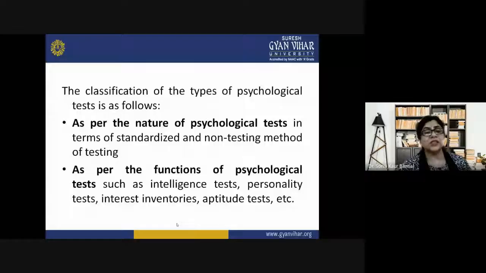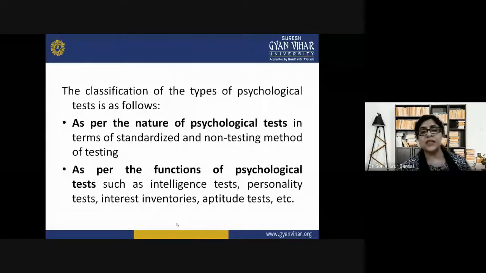So just understand how the classification of the types of psychological test is done. Number one, it is done as per the nature of the psychological test, in terms of standardized and non-standardized methods. So how does the test work? Is it standardized?